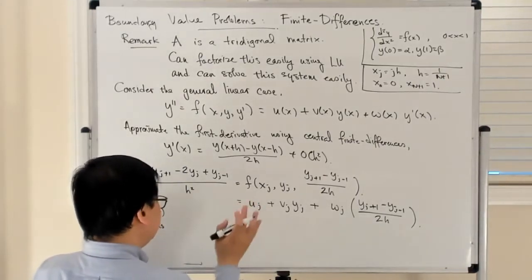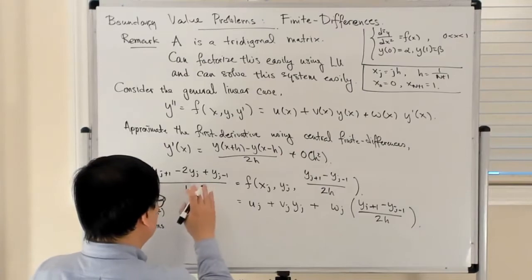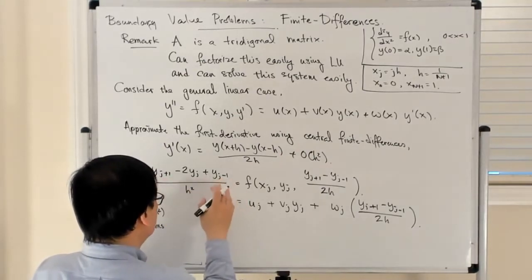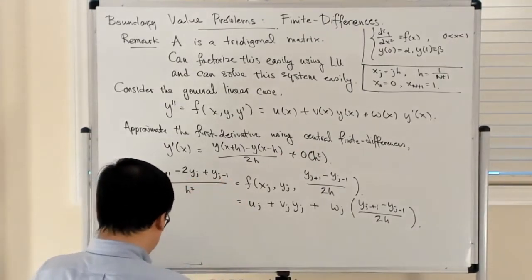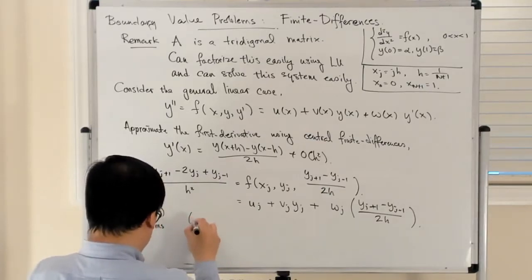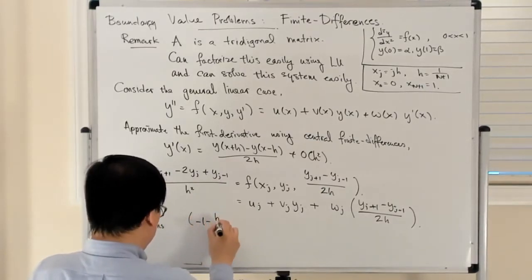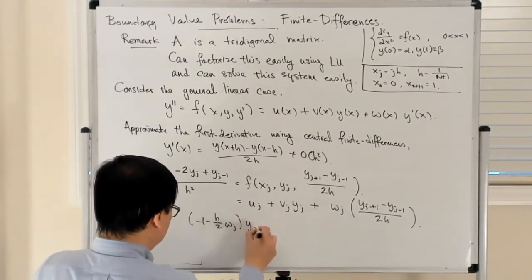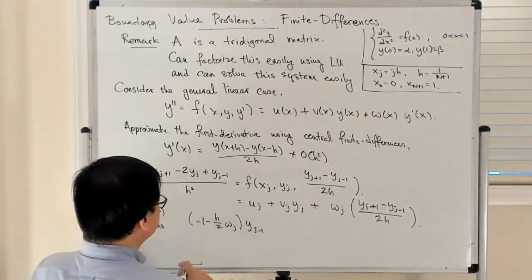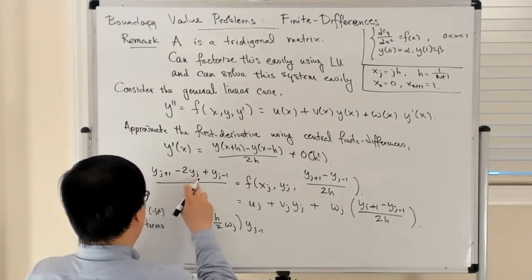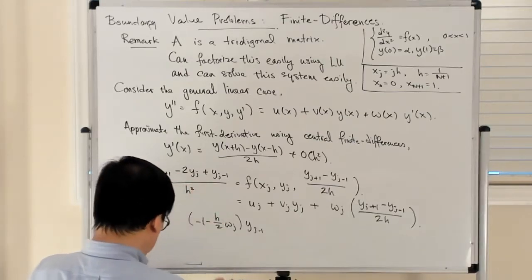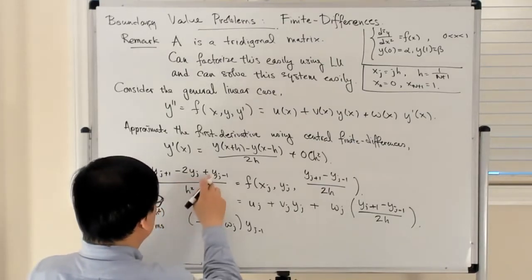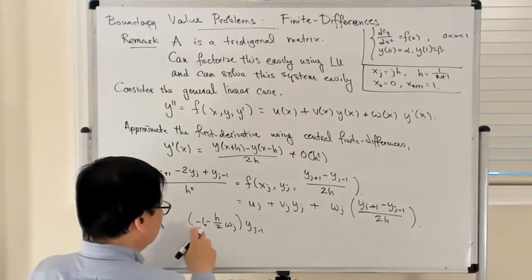In collecting all the terms involving the yj's, you end up getting minus 1 minus h over 2 wj, yj minus 1, because I've multiplied by minus h squared. So this becomes a plus 2, and this becomes a minus, so there's a minus 1 here.